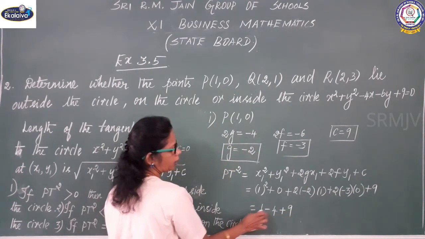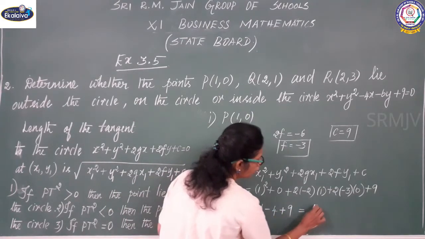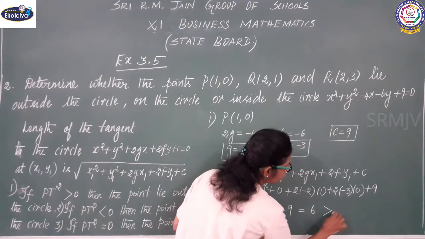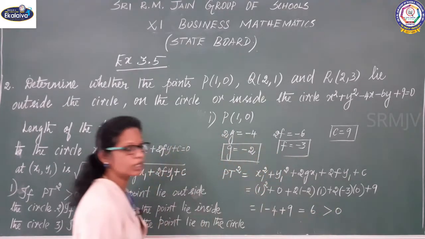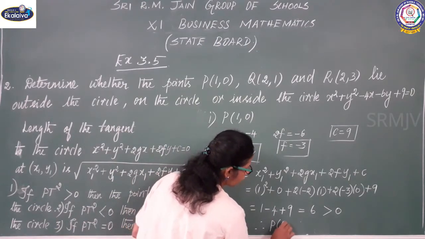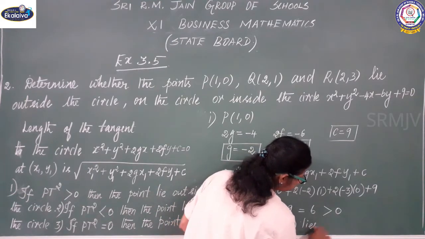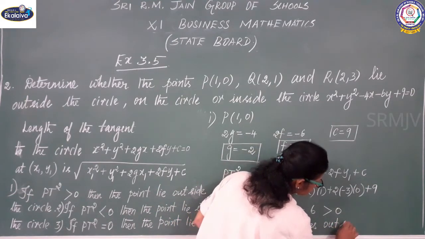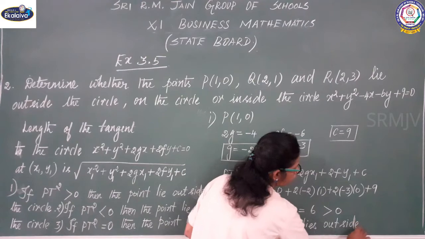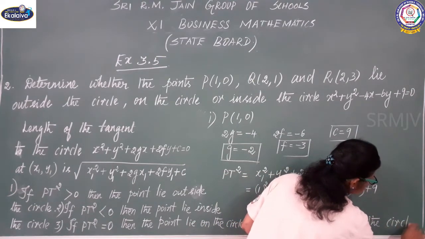Then what can you get? 9 plus 1, 10. 10 minus 4, 6. Greater than 0. Therefore, the point 1 comma 0 lies outside the circle.